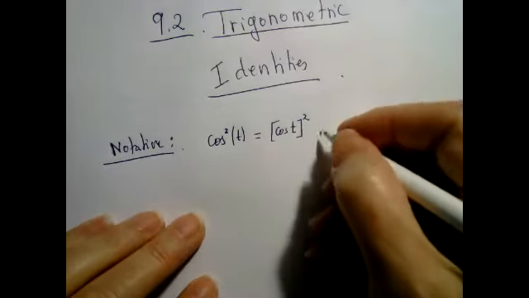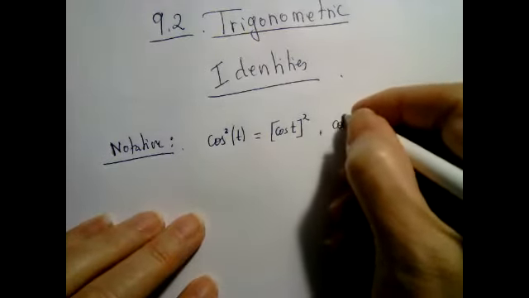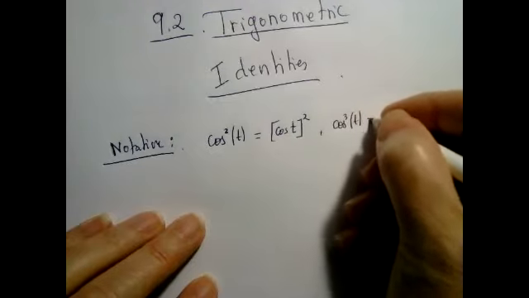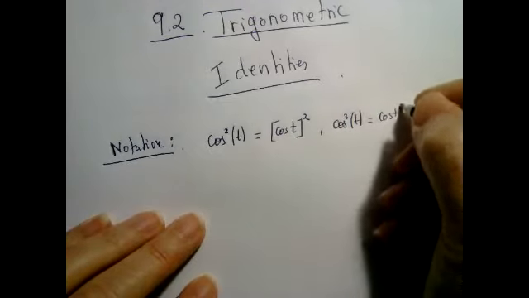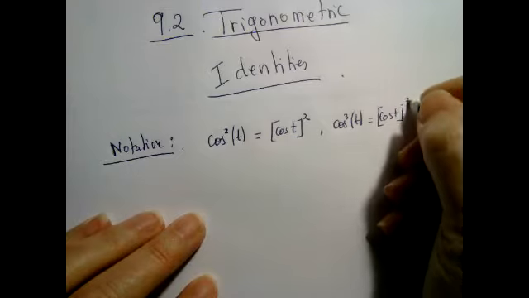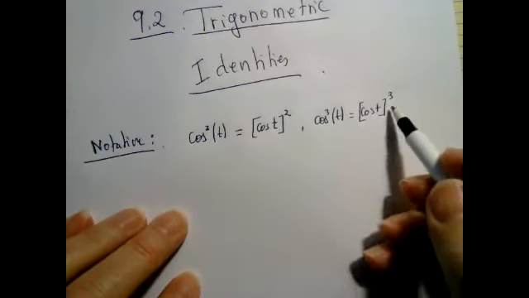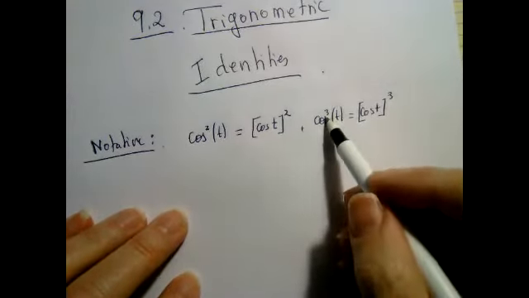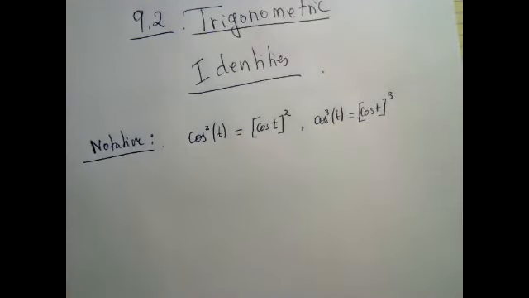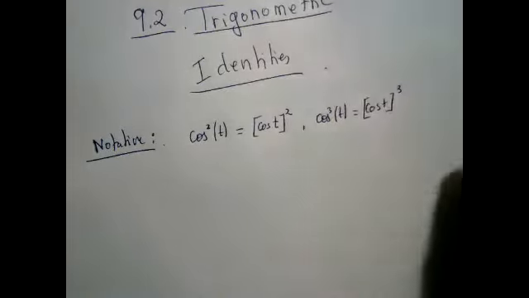The same goes for cosine cube of t, which is the cosine of t to the power 3. So instead of writing cosine of t to the power 3, people write cosine cube. The same goes for sine, cosine, tangent, cotangent, and so on and so forth.